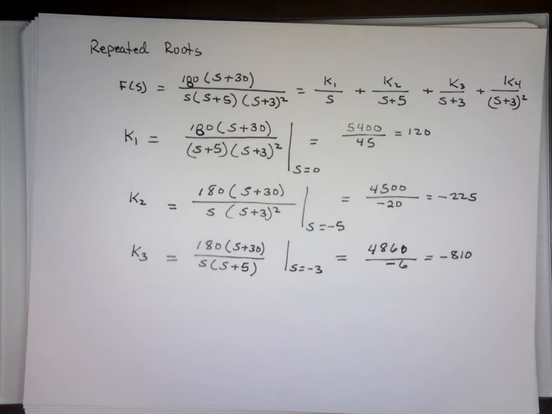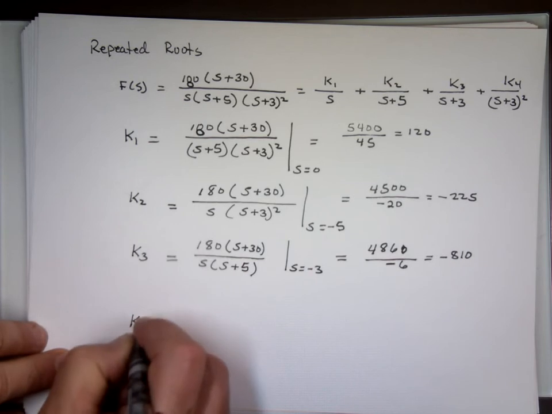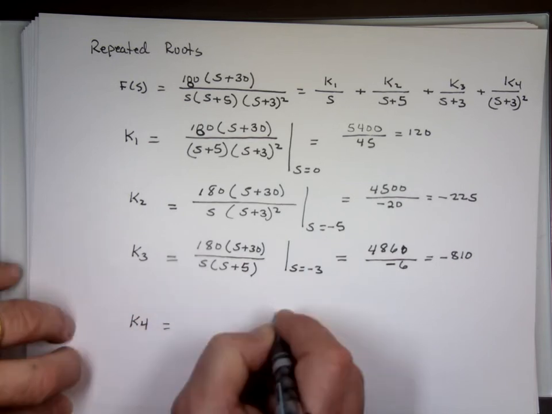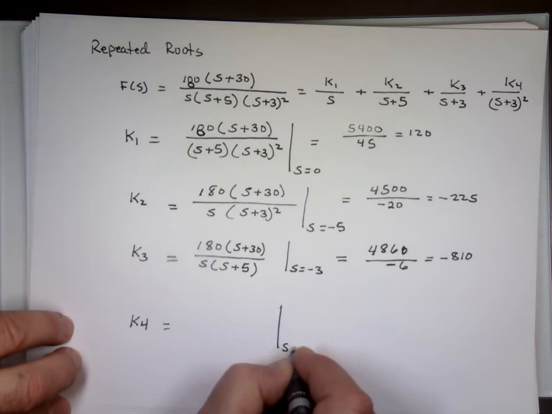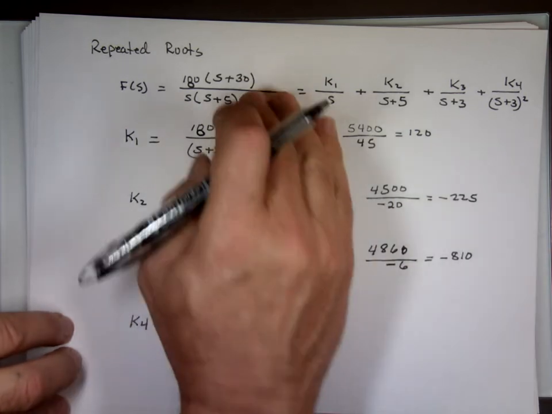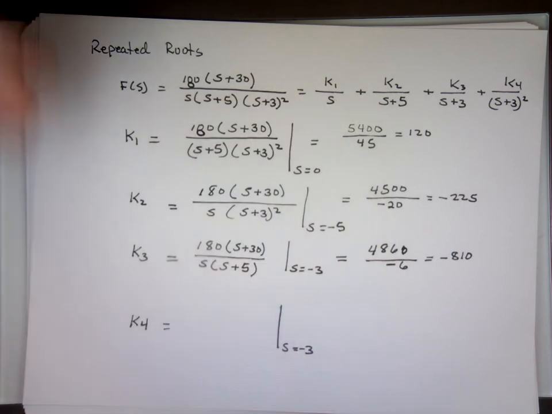Now becomes the difficult part. How do we find what K4 is? Again, K4 is sitting on top of S plus 3, so S is going to be negative 3. I can't just take this one out because that'll give me the same answer as K3, and they're not going to be the same answer.